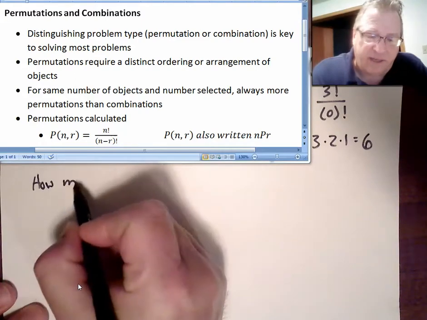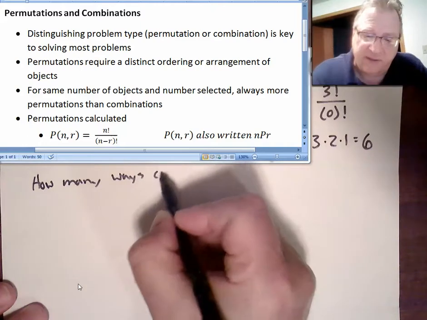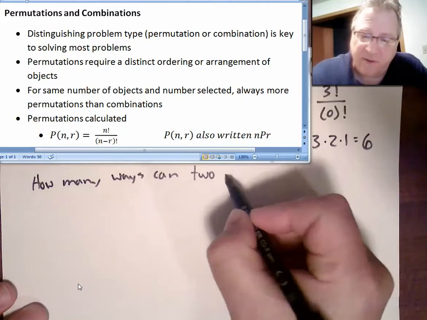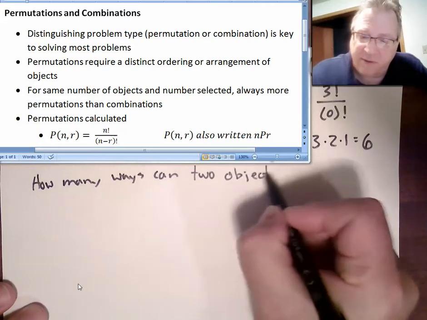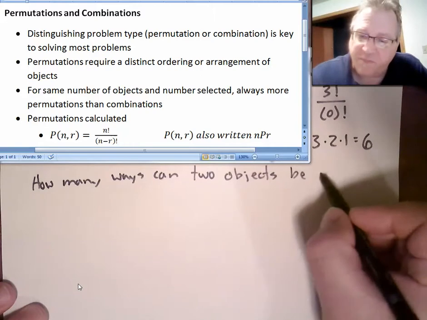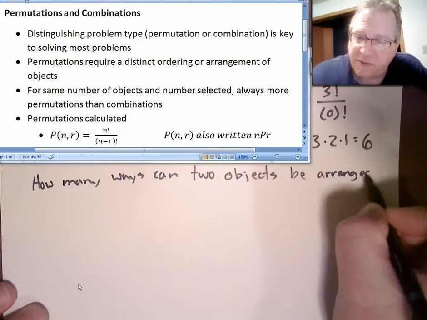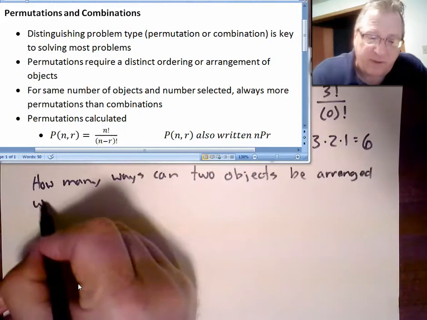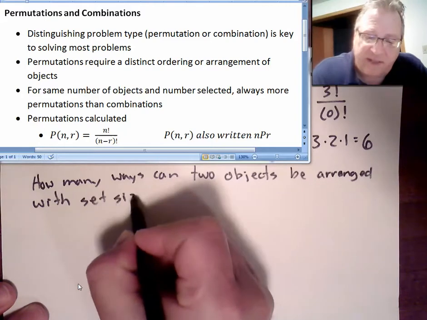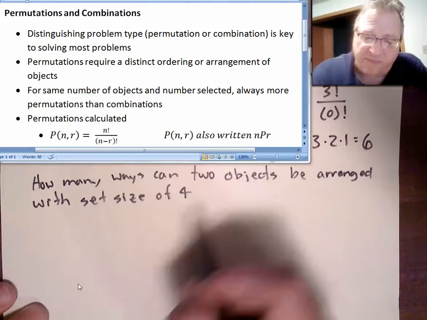Let's say, how many ways can two objects be arranged with set size of 4?